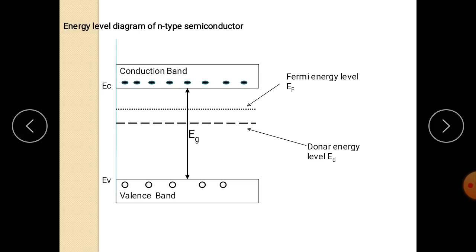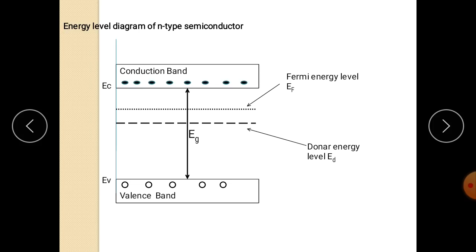In between the conduction band and the valence band, there is a Fermi energy level shown as the dotted line, and this Fermi energy level is near to the conduction band.